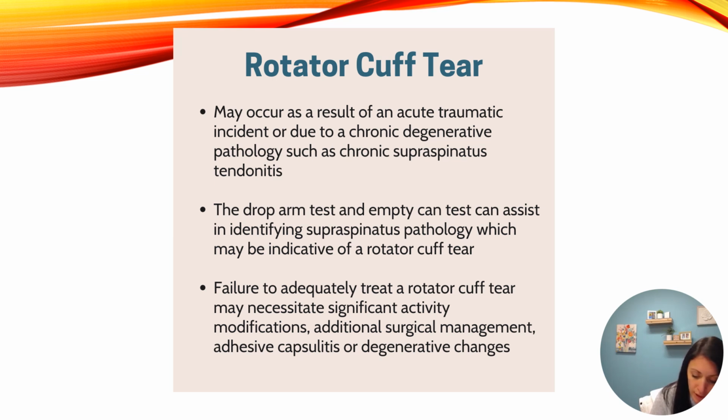But the rotator cuff, don't forget, involves 4 different muscles: supraspinatus, infraspinatus, subscapularis, and teres minor. These muscles work together to provide stability of the glenohumeral joint, as we already know. You can look over what each muscle does. We already know that too, but just review that.